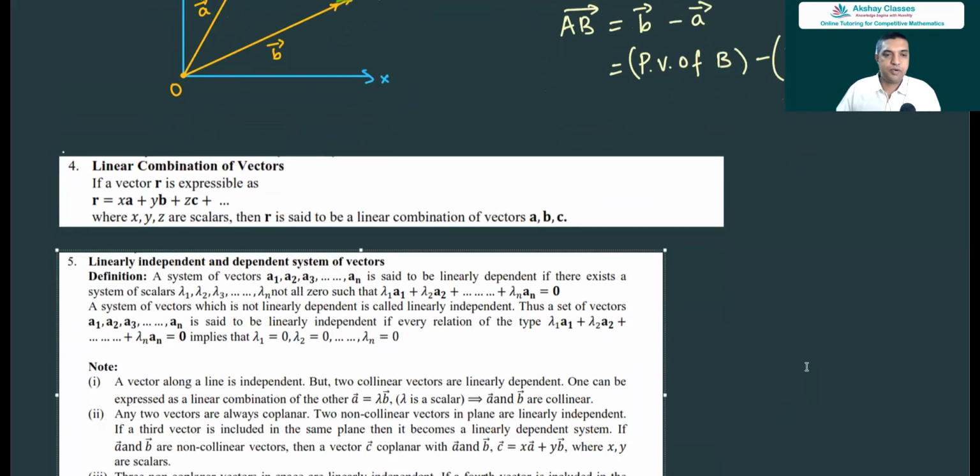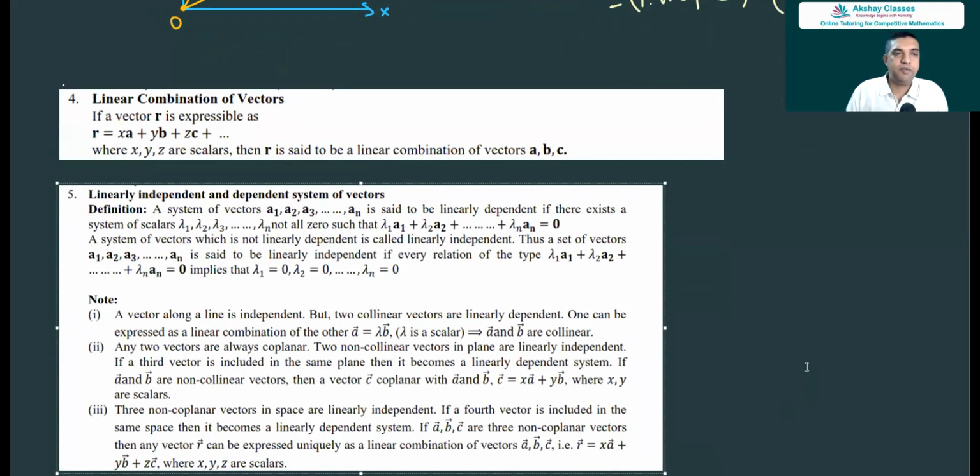All right, let us look at this. If a vector R is expressible as x times A bar plus y times B bar plus z times C bar, let us say.